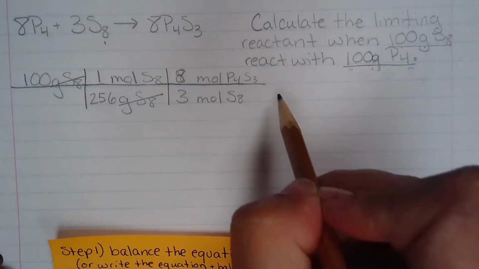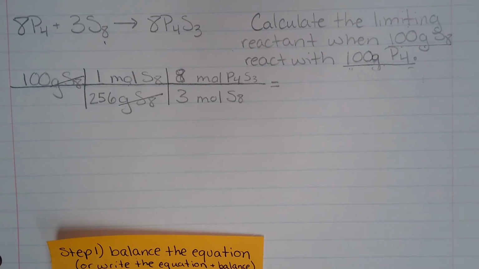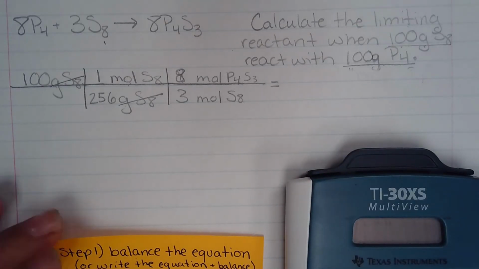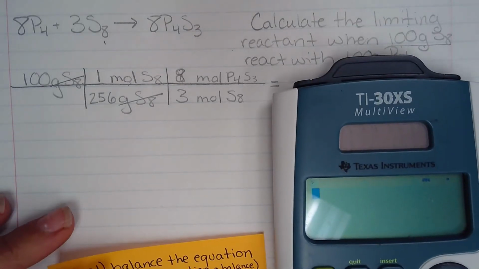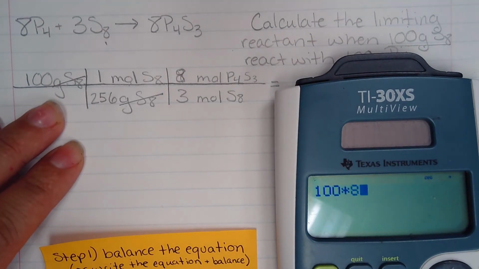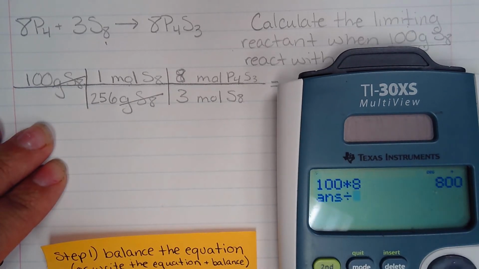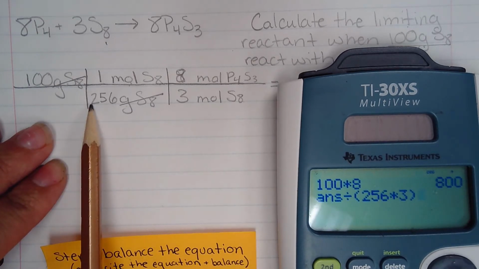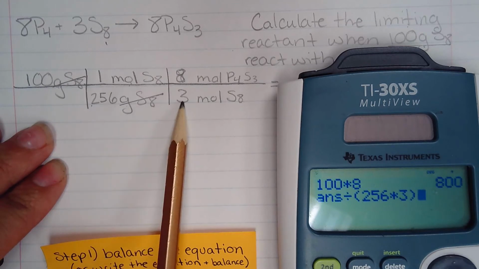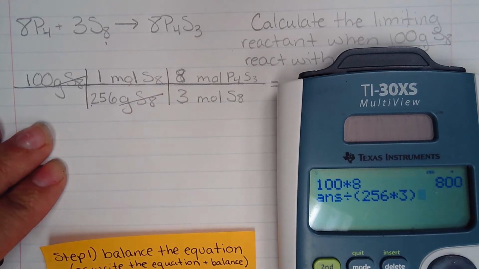When we plug this into our calculator, we're going to plug in 100 times 8, and that's what's up top, and we're going to divide that by our 256 times 3. Notice I've got the parentheses, so we're keeping the 256 times 3 all together and the 100 times 8 all together.